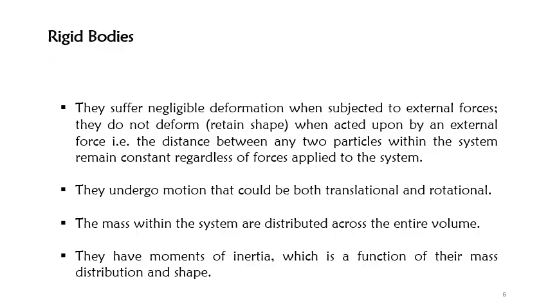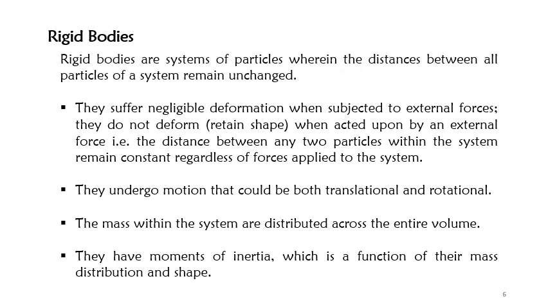Now, rigid bodies. These bodies are systems of particles wherein the distances between the system particles remain unchanged. So in a rigid body, the distances between each of the particles that make up that system are fixed.